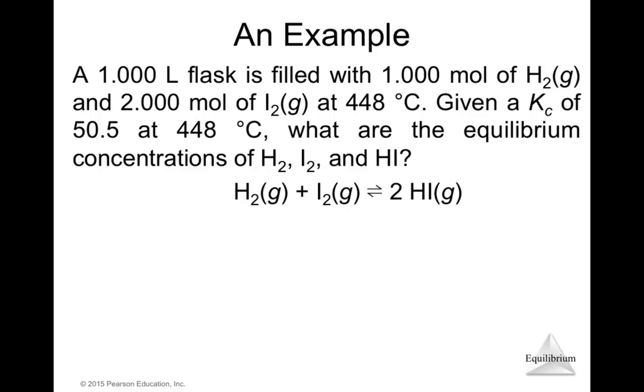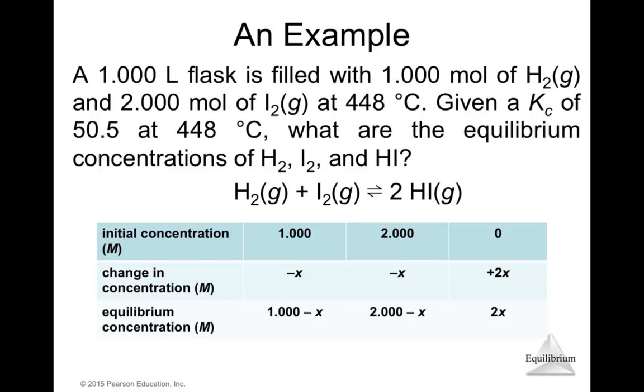So here we have the equilibrium reaction and our table. We basically substitute all the values. The initial concentration is 1 molar and 2 molar for hydrogen and iodine, and for hydrogen iodide it is 0. The change is going to be minus x because here we have one as the coefficient. And for hydrogen iodide it is going to be plus 2x.